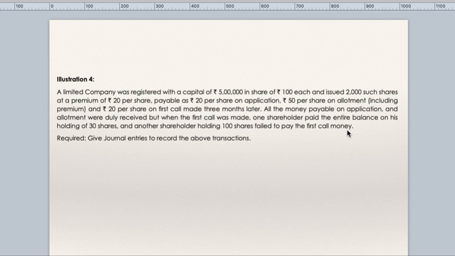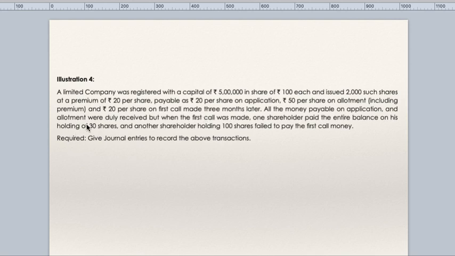So in short, when the first call was made, one shareholder who was having 30 shares paid the entire balance on his holding of 30 shares. That means he has paid the final call money along with the first call. So on 30 shares at the time of first call, there are calls in advance.